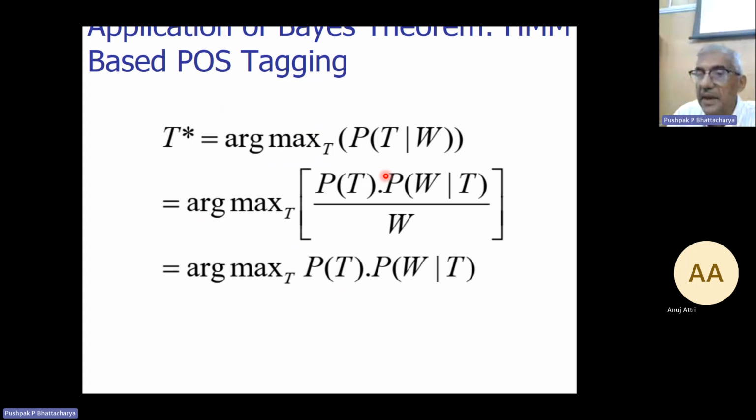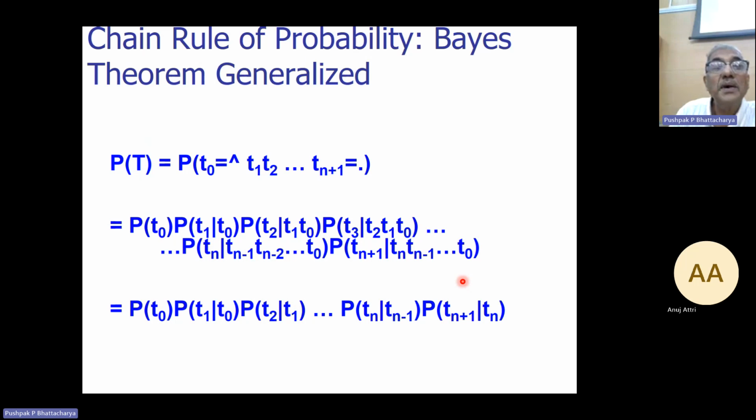Not the other way, not the probability that, given the word bank, it is a verb. It is because of the way the likelihood is obtained. What is the probability of the word being bank given verb, and so on. Now, because of the Markov assumption, the probability of the state sequence can be taken as the product of state transitions: probability of T0 into probability of T1 given T0, probability of T2 given T1, and so on.